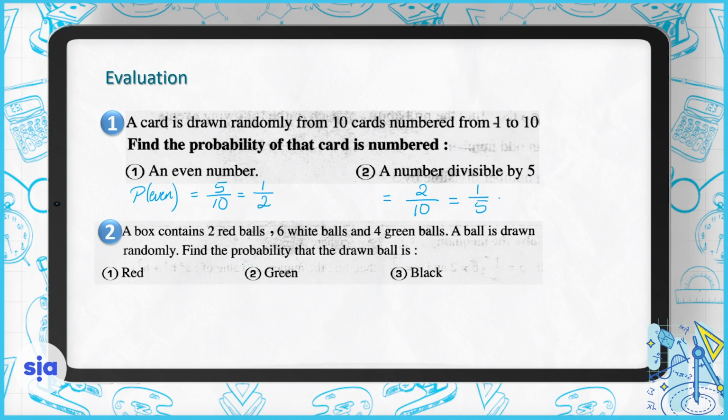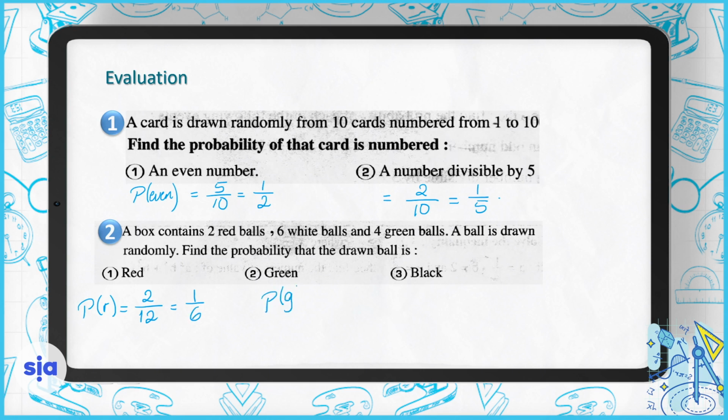Question 2, a box contains 2 red balls, 6 white balls, 4 green balls. What is the probability of getting a red ball? So the probability of red is 2 out of the total, which is 12. If you simplify this, it's 1 over 6.